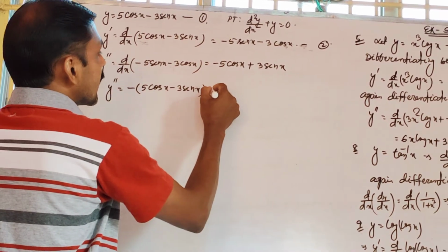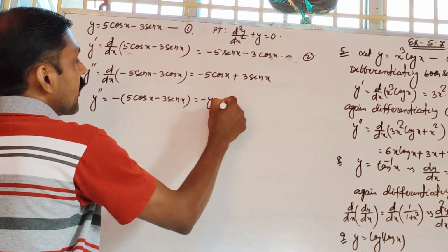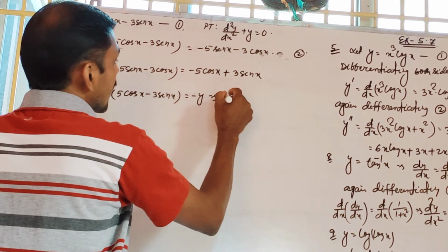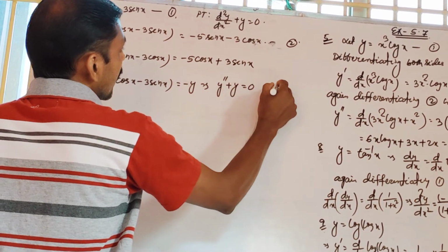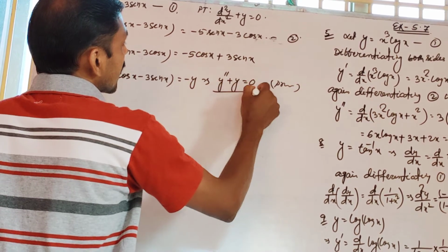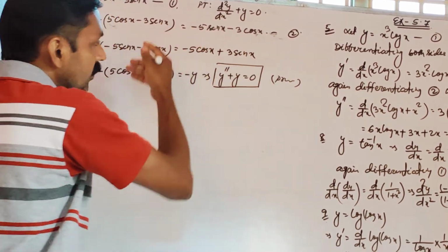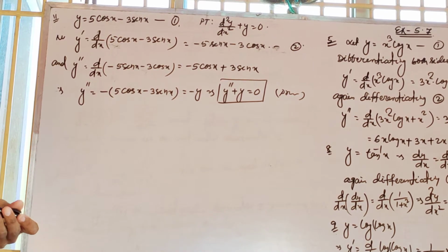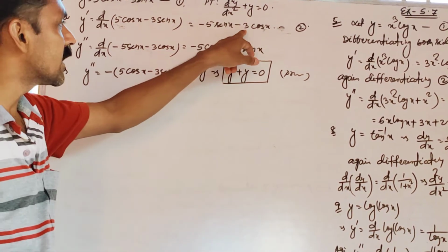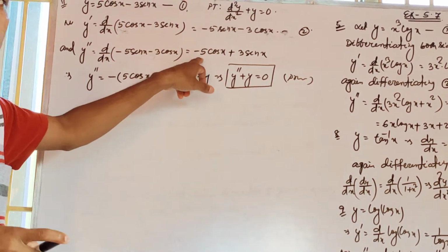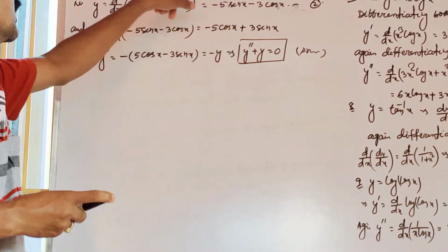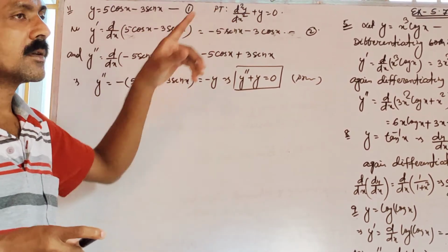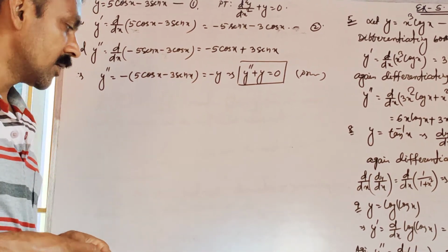You can write directly it is minus y. Now if you take this minus y to the left hand side, what are you getting? y double dash plus y equal to 0. What you require to prove? You check this. There. Otherwise, first y dash, then y double dash, then write this value of y double dash plus this and check. So directly you will get the answer.